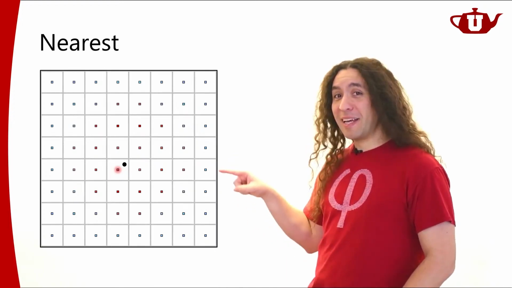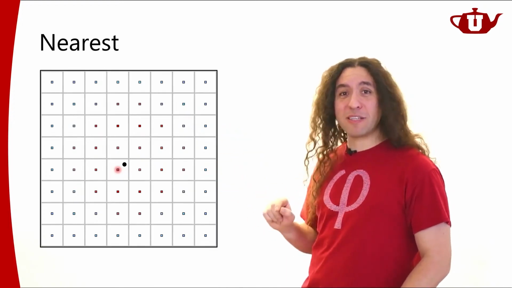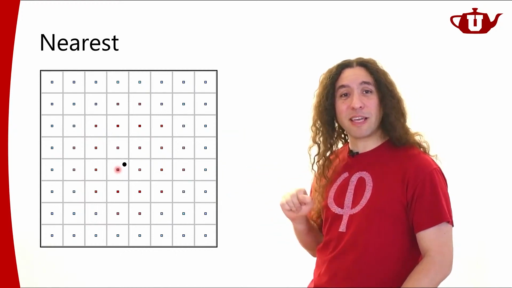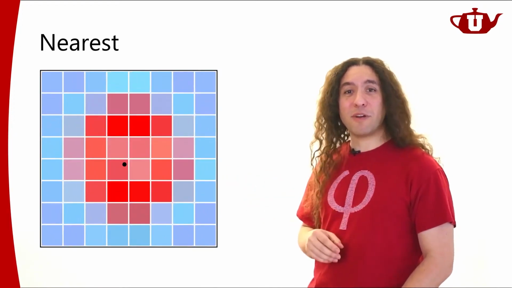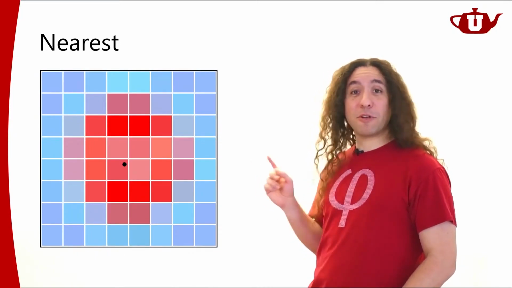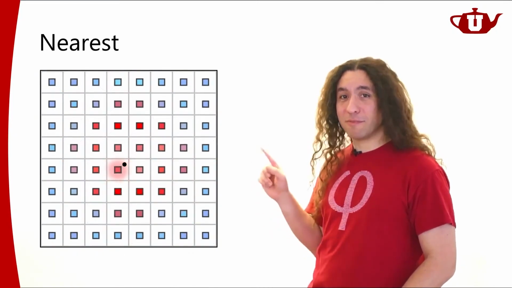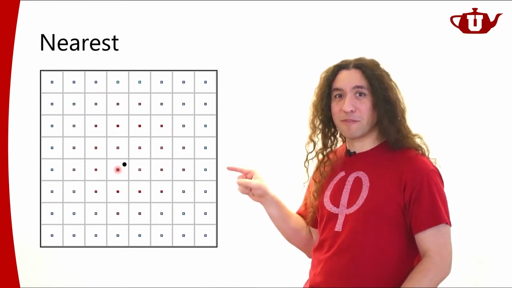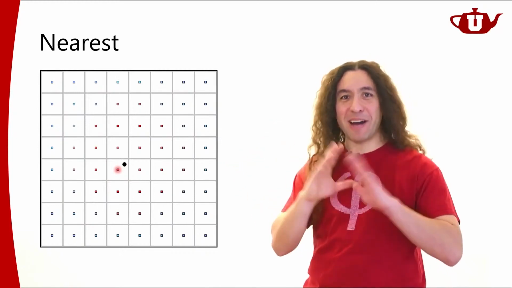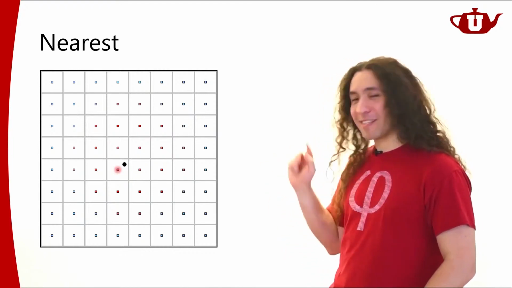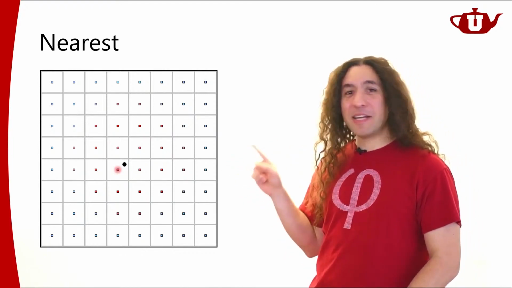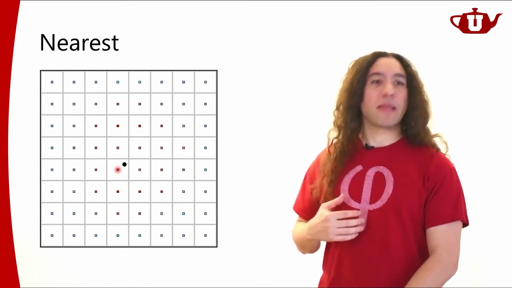In each one of these squares, the nearest texel is the one at the center. So my texture, when I render it, will look very much like this. So that's nearest filtering. I'm just picking the closest value, not treating my texels as little squares.